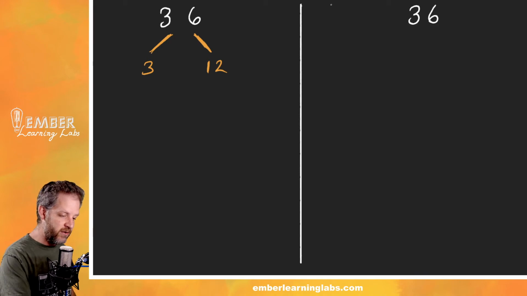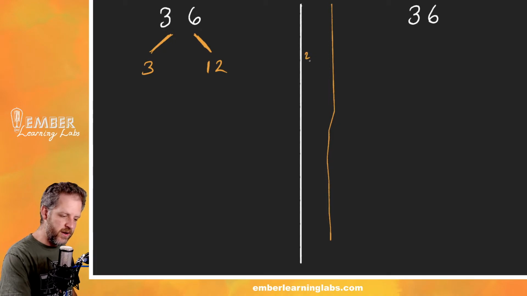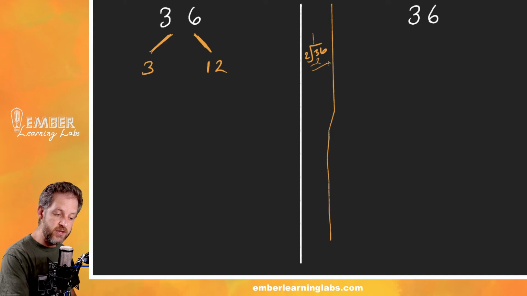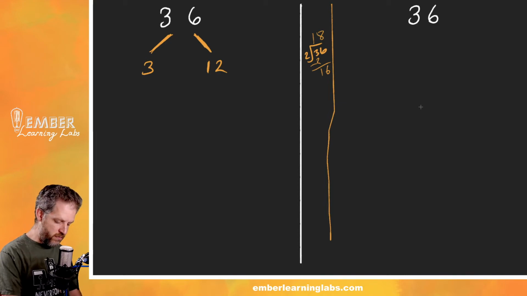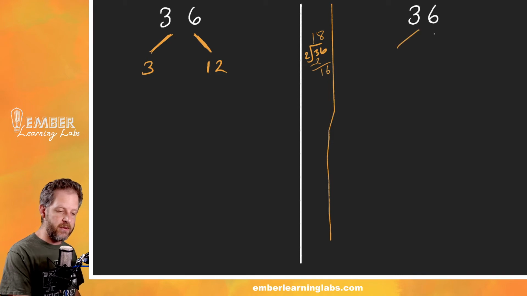So you might go to your little scratch paper area and do 2 into 36. 2 goes into 3 once. 1 times 2 is 2. You subtract it, and then you bring down the 6 to get 16. 2 into 16 is 8. Okay, there we go. So if you did that little scratch paper work, you might be able to split it into 2 and 18.